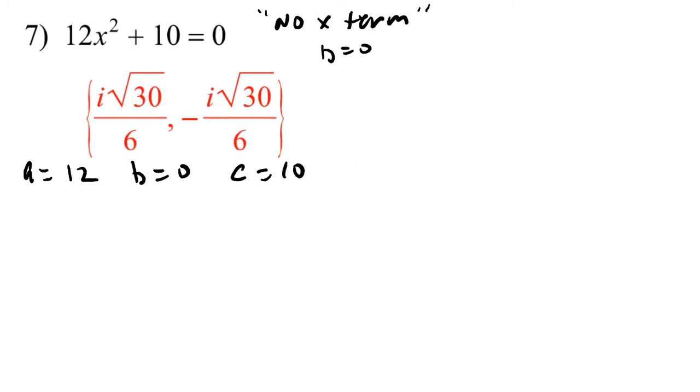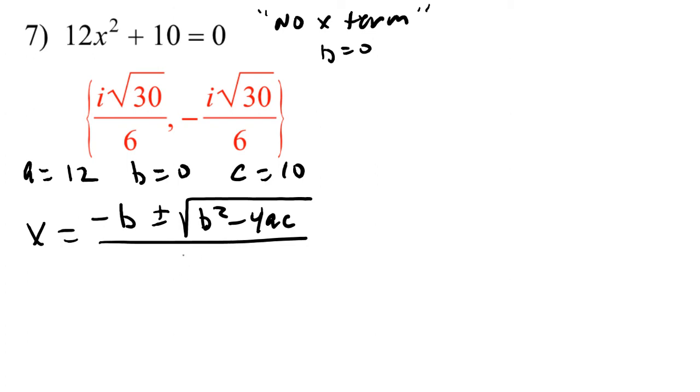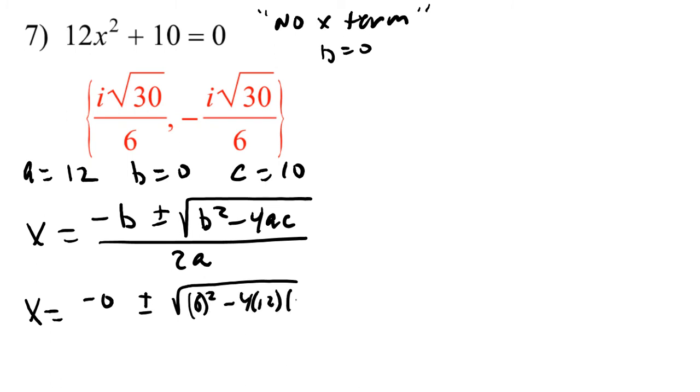All right, so now the next step is to write our formula. The quadratic formula is x equals negative b plus or minus the square root of b squared minus 4ac, all over 2a. I substitute what I know. So x equals minus 0 plus or minus the square root of 0 squared minus 4 times 12 times 10, and then all over 2 times 12.